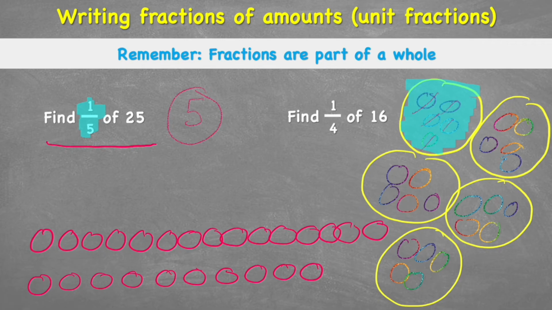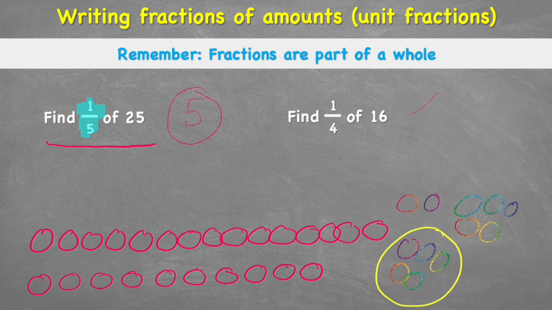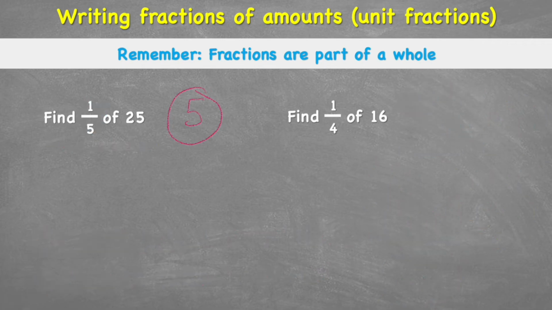Let's see if we can get there another way without using pictures. Let's think about what we did. We first got our 25 apples and we shared them, which is a fancy way of saying divide. We divided them between our 5 groups, because to get fifths we need to share them into fifths. So I divided 25 by 5, which equals 5.